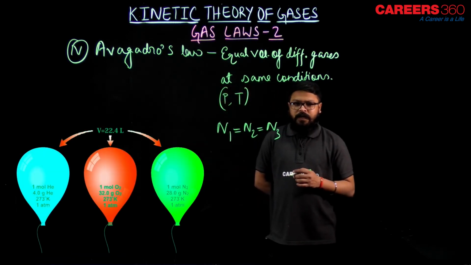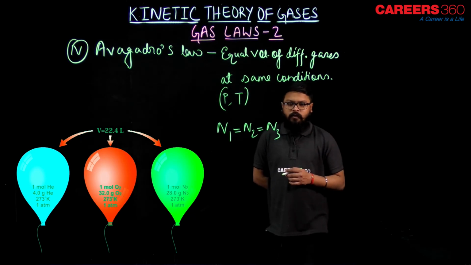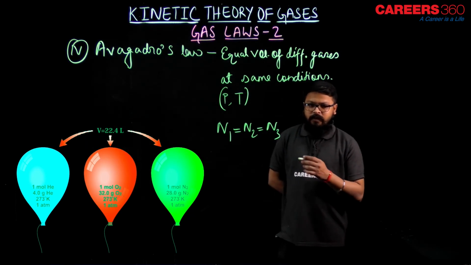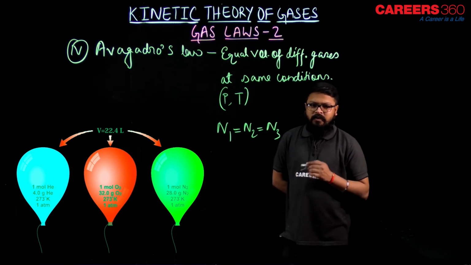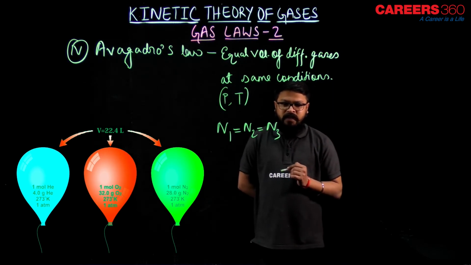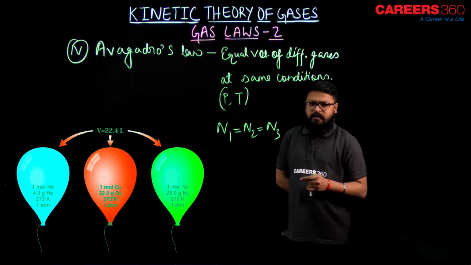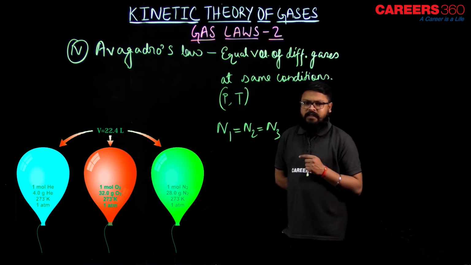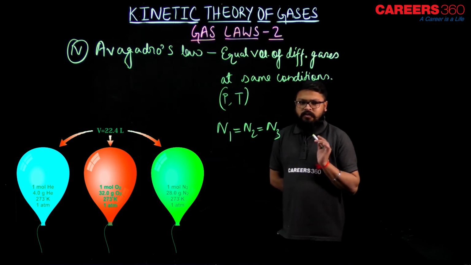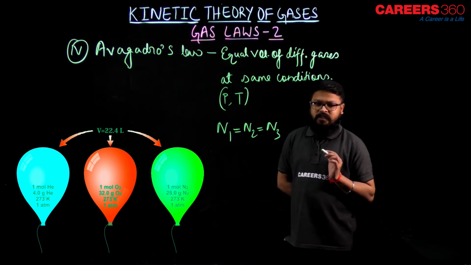Now as you can see over here, the volume is 22.4 liter, that is equal volume of three gases, helium, oxygen and nitrogen. Now as you can see, the pressure and temperature are 1 atm 273 degree Kelvin for all three.